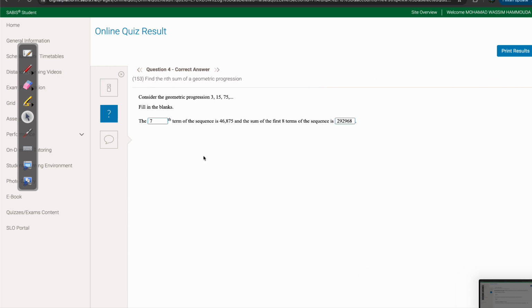Consider the geometric progression 3, 15, 75. Okay, so now there is another rule for geometric sequence: any term in the geometric sequence is g1 times r to the power of n minus 1, right? So g1 in this case is 3. To get r, what we're gonna do is 15 divided by 3, right?